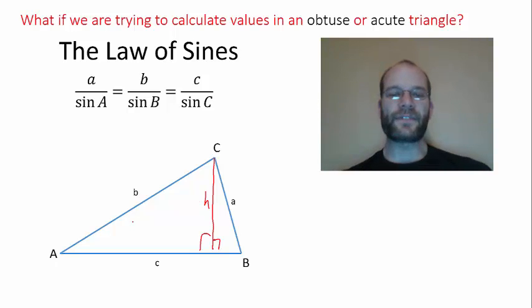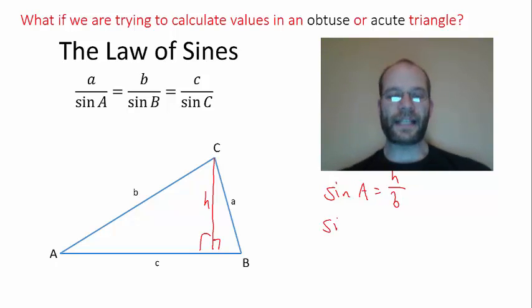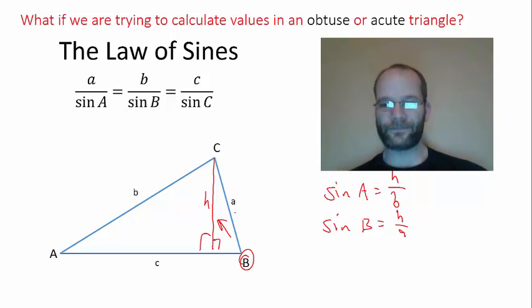In the triangle on the left, you can see the following relationship: the sine of A is equal to opposite, which is h, over hypotenuse, which is b. So the sine of A is equal to h over b. Meanwhile, the sine of B down here is equal to h, the opposite, over a, the hypotenuse in that triangle.